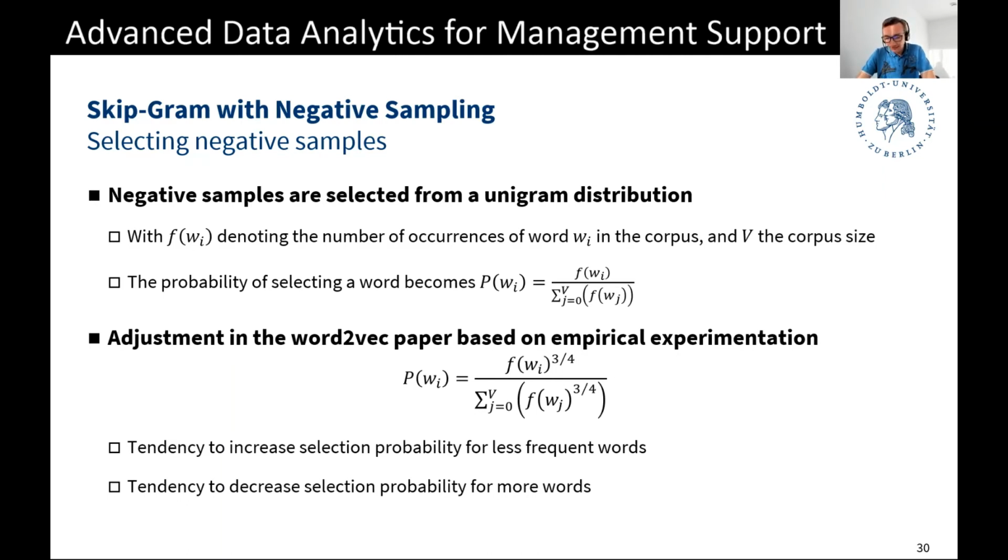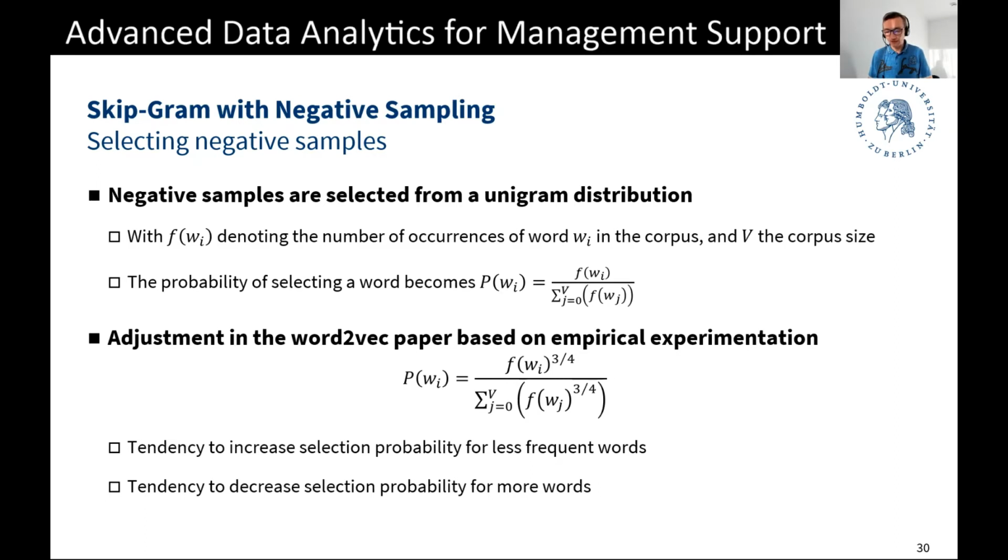That would work. In the original paper, however, Mikolov et al. were recommending some adjustments that they came up with by empirical experimentation, what does work well, what works less well. And just in case you read that paper and wonder what's this 3/4 about, well, they were tweaking this probability distribution from which to sample the negative examples a little bit to increase the selection probability for less frequent words and to decrease the selection probability for frequent words.